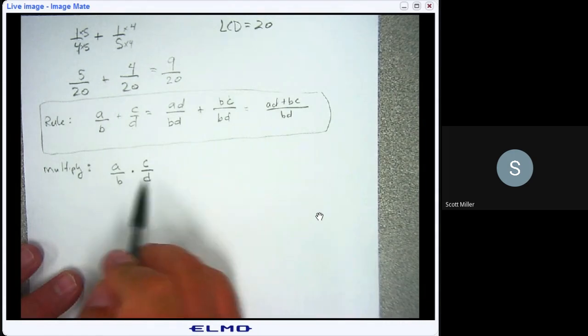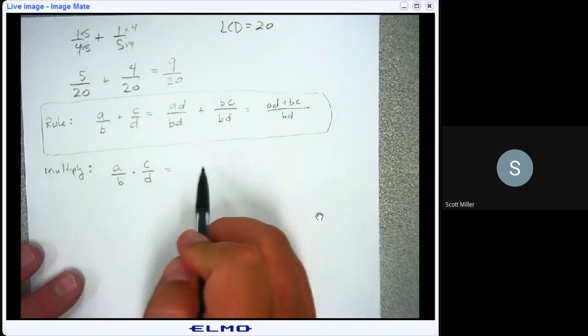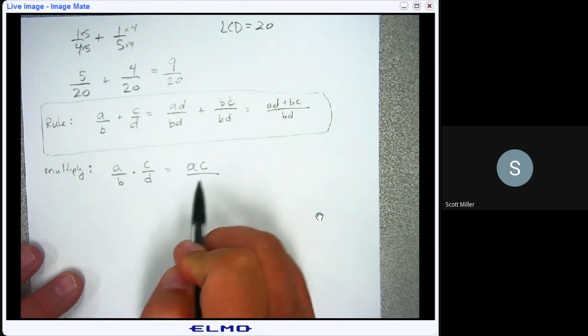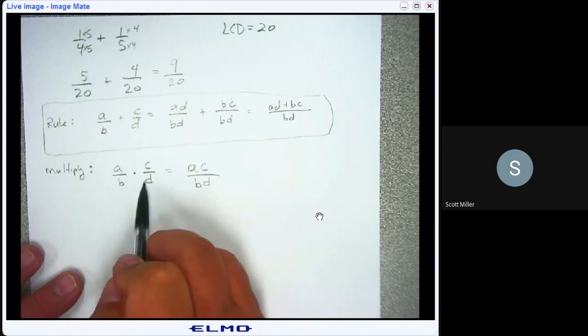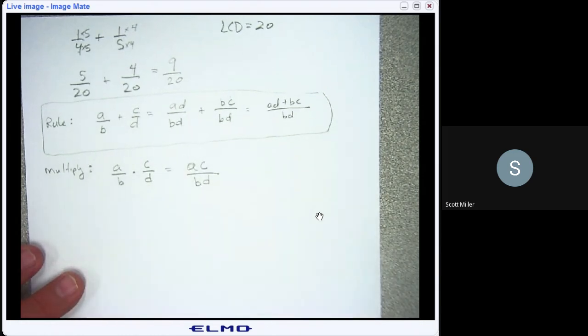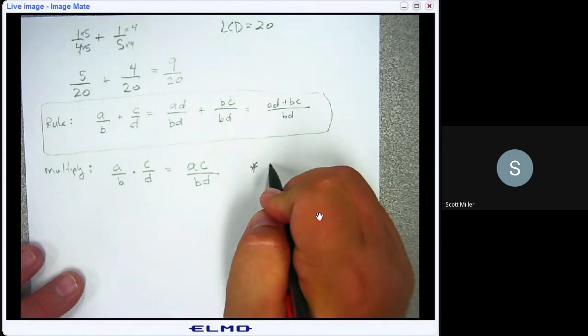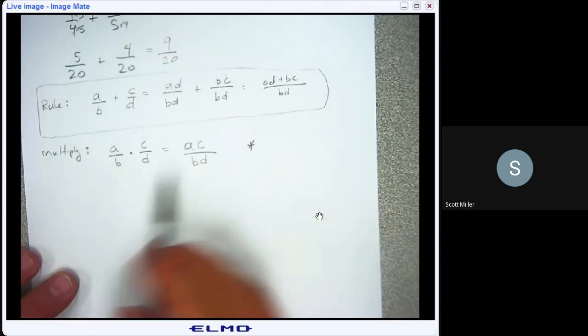Multiplying, you don't need to change the denominators or anything. You just simply multiply across and create one fraction. Top to top, bottom to bottom. Done. That's it. So that's multiplying.